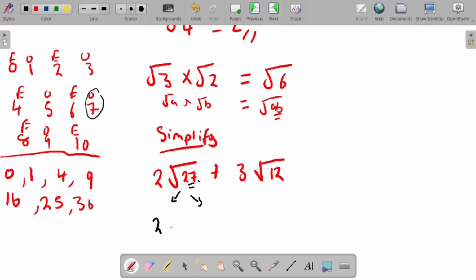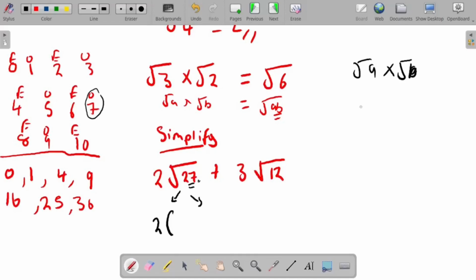This is 2, open brackets. Let's break down root 27 into the form of root A multiplied by root B, of which one of them, between A and B, is supposed to be a perfect square number. I repeat, break down root of 27 into root of A multiplied by root of B, of which between A and B, one of them is supposed to be a perfect square number.